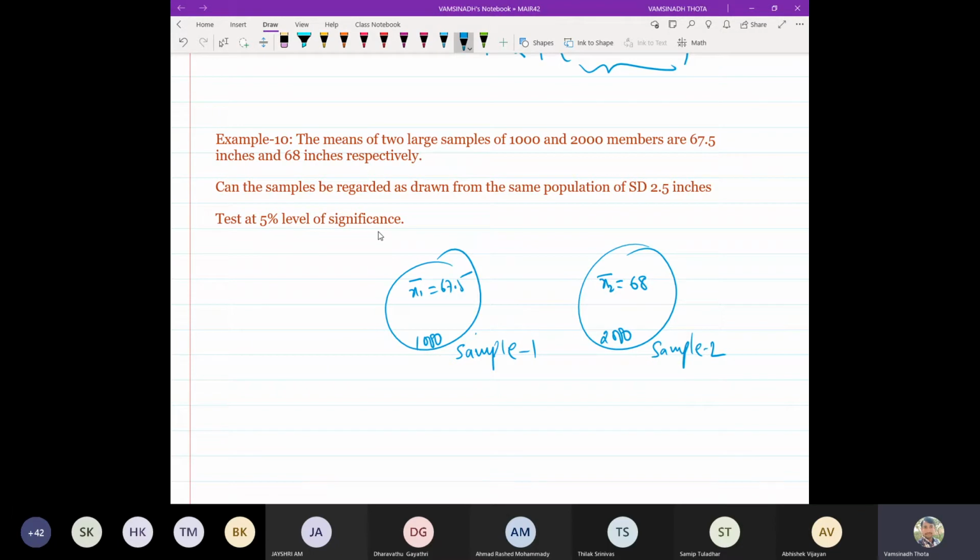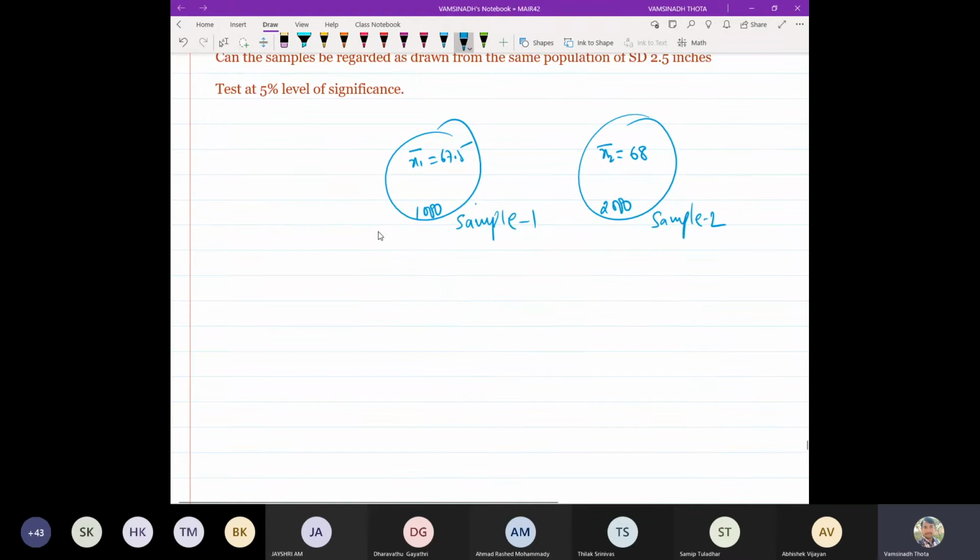One is that the difference between the sample means should not be significant. At the same time, there should not be any significant difference in the standard deviations or variances also. So that is what we need to check here.